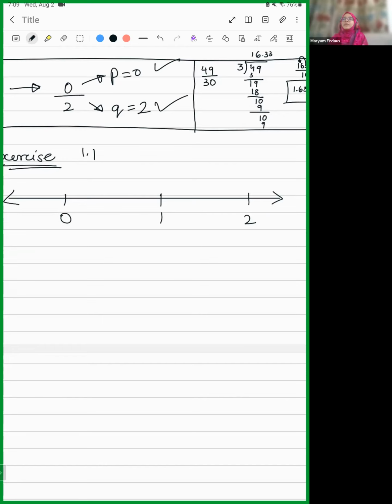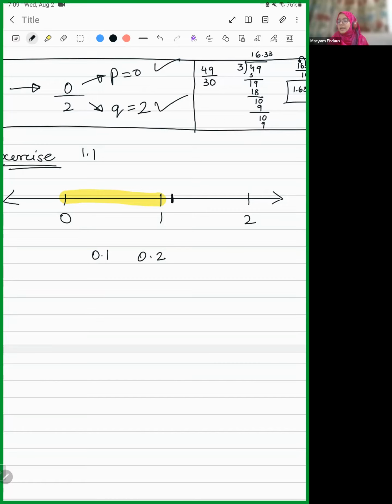Can you tell me any such numbers? 1.1, 1.2. Okay. What is my question? I'm asking between 0 and 1. So between 0 and 1, yes, Avni. 0.1, 0.2. Because when you say 1.1, that comes over here.